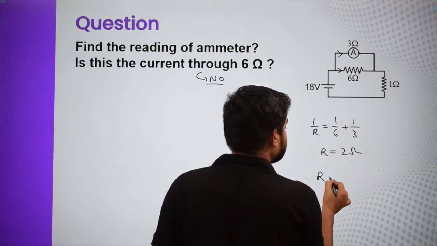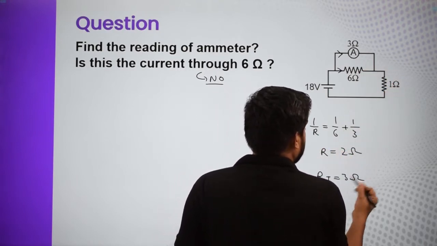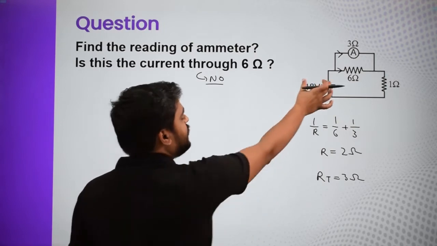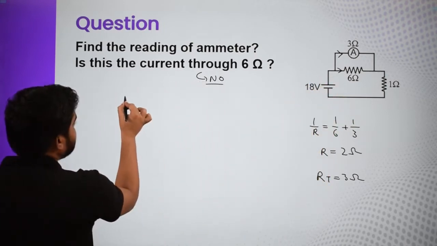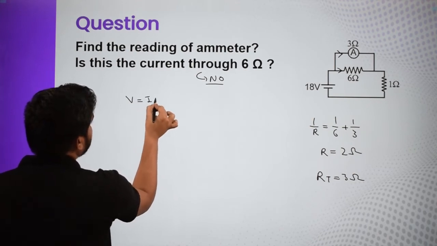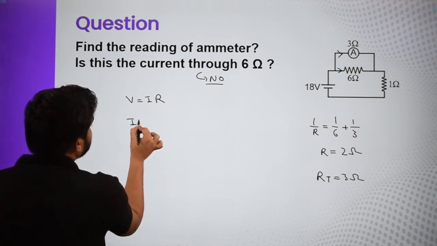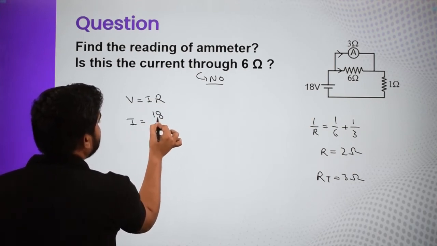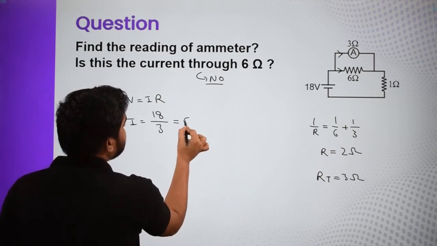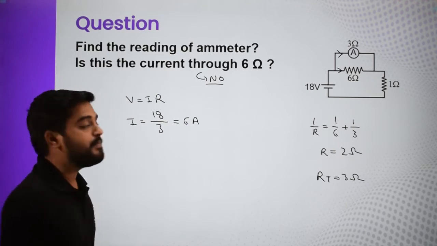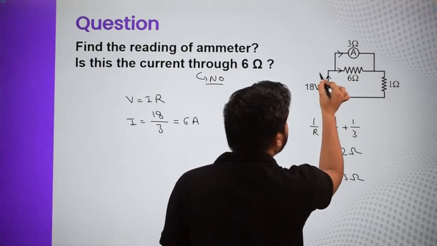So total resistance of this circuit is simply 3 ohm. And now what is the total voltage in the circuit? Total voltage in the circuit is 18 volts. So I'm just applying V is equal to IR, and my current is nothing but V by R. Here V is 18 volt and the total resistance is 3 ohm, and that gives me 6 ampere current. So 6 ampere current is flowing through the battery.